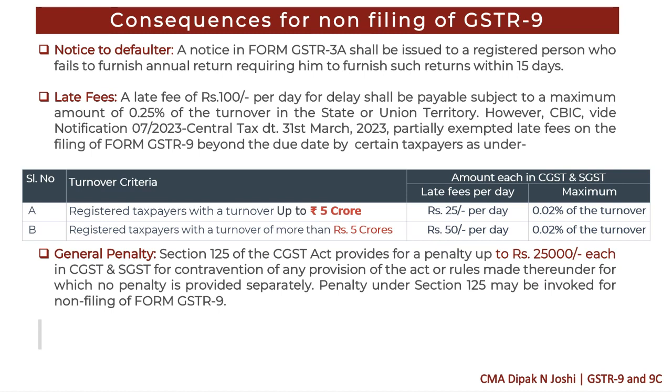If a registered person is filing GSTR 9 and 9C beyond the due date, now in the present case, the due date is 31st December 2023 for financial year 2022-23, then a late fee of rupees 100 per day for delay applies, subject to a maximum of 0.25% of turnover in a state. So 100 rupees per day in CGST and 100 rupees per day in SGST, subject to a maximum of 0.25% of the turnover in that state.